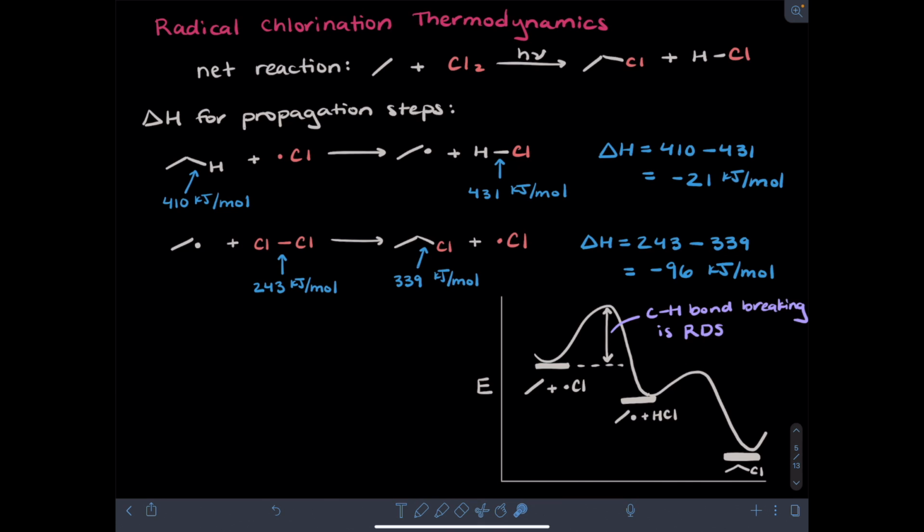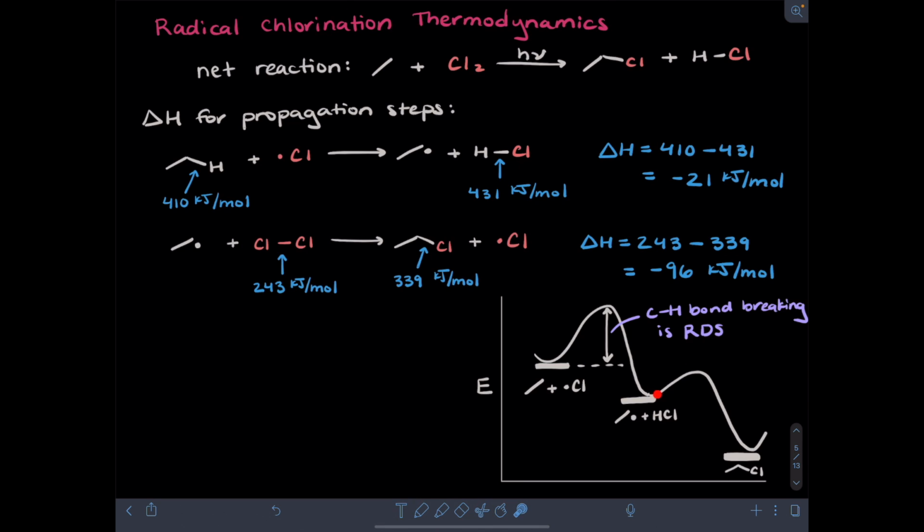Here I've put these two propagation steps on a reaction coordinate diagram. The first step, the hydrogen abstraction, is exothermic by 21 kilojoules per mole, and this has the highest barrier of the whole reaction, meaning it's the rate-determining step.